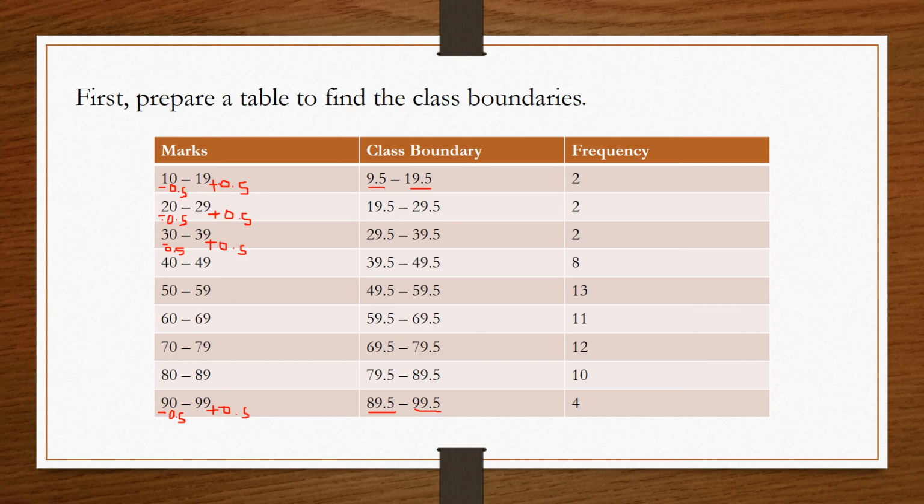The frequency remains the same. So you still have your 2, 8, 13, 11. Nothing changes here, but these boundaries are needed. We need these boundaries to draw our histogram because the bars are connected.